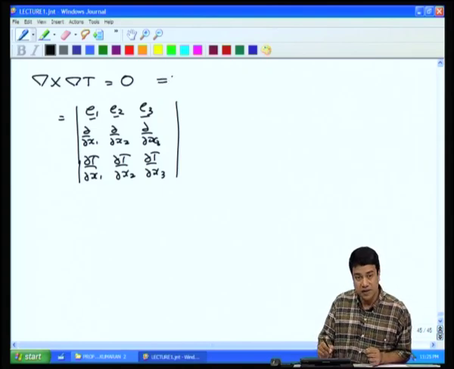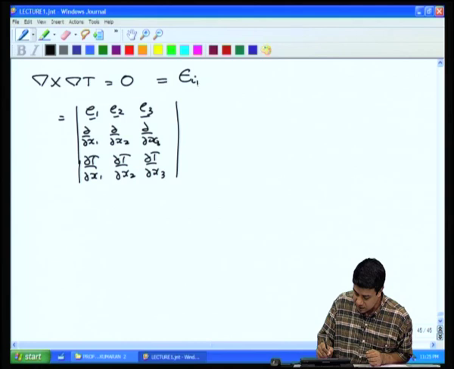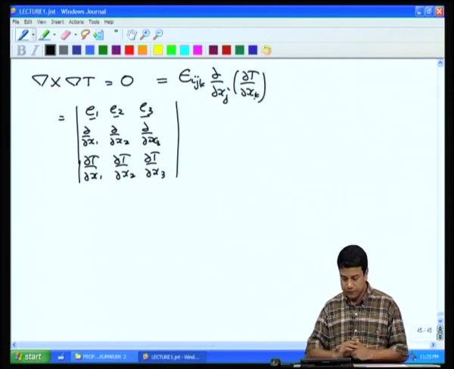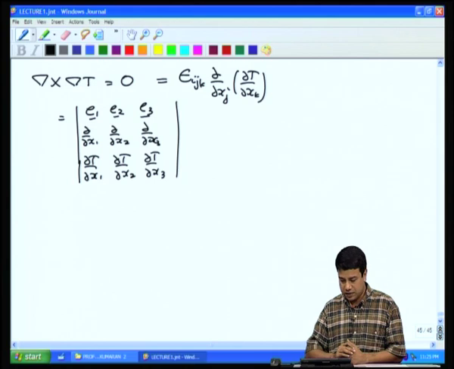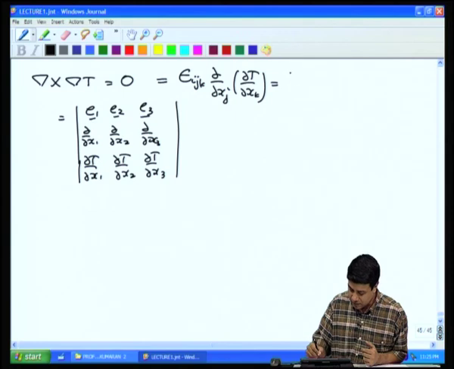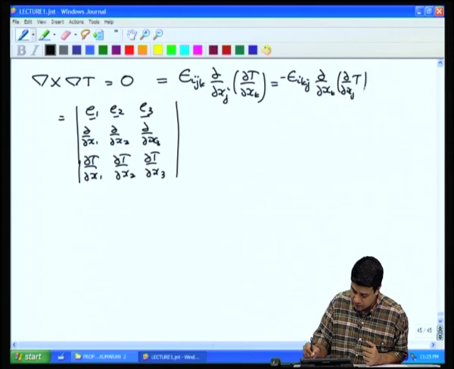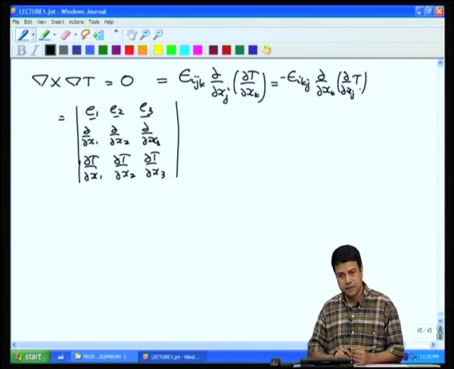I could have told you this quite easily, because this is equal to epsilon ijk partial by partial xj of partial T by partial xk. Now, in this one, if I interchange two indices, I will get this is equal to minus epsilon ikj partial by partial xk partial by partial xj of T. I just interchange two indices and I get minus epsilon ikj, because I interchange two indices, I get the negative sign.